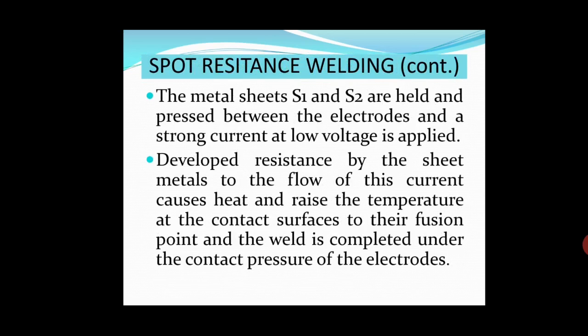The two metal sheets to be joined, S1 and S2, are held and pressed between the electrodes, and a strong current at low voltage is applied. Once current is applied, a resistance is developed. The resistance of the sheet metals to the flow of this current causes heat.